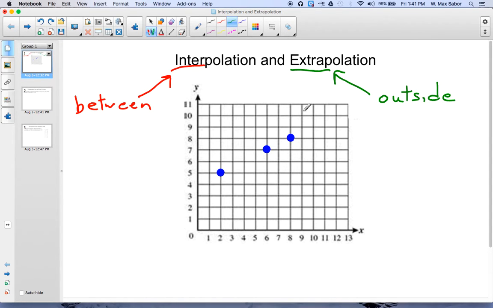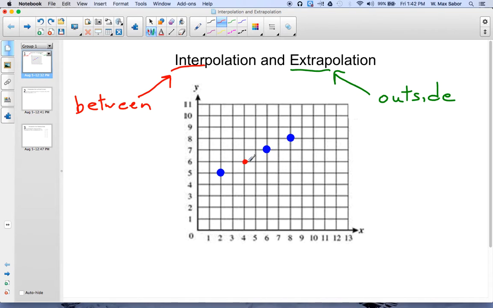So the idea is that if we have a data set, interpolating or extrapolating is finding another point that would be in the data set, or what the data would predict. If we wanted to interpolate, we could say, okay, this looks like a slope of 1/2 throughout this.